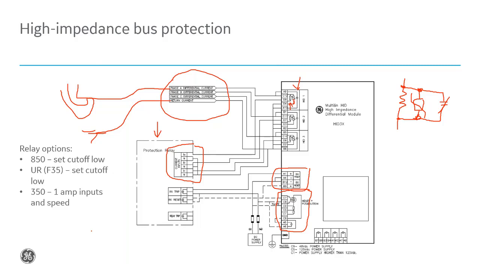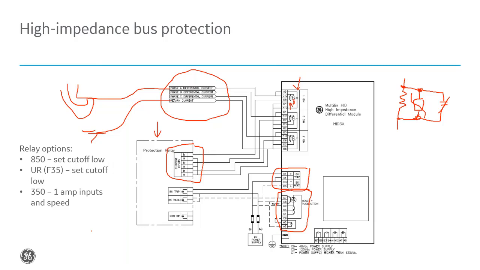Some of your options on the relays: you could use a 350 relay. If you do that, to get the currents to set down low enough, you have to buy a 1 amp CT input on the 350. The downfall to this one is it's not going to be as fast as the MIB, because the 350 is a much more cost-effective relay.